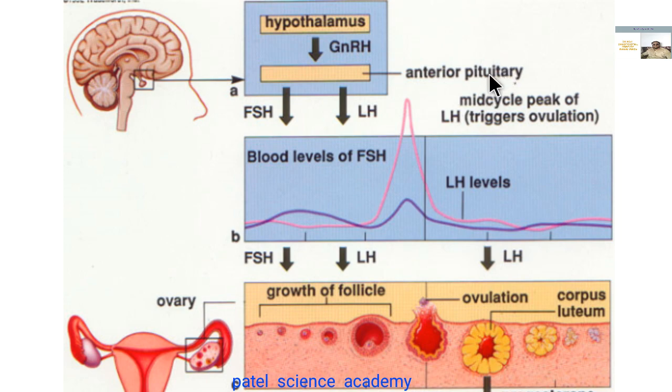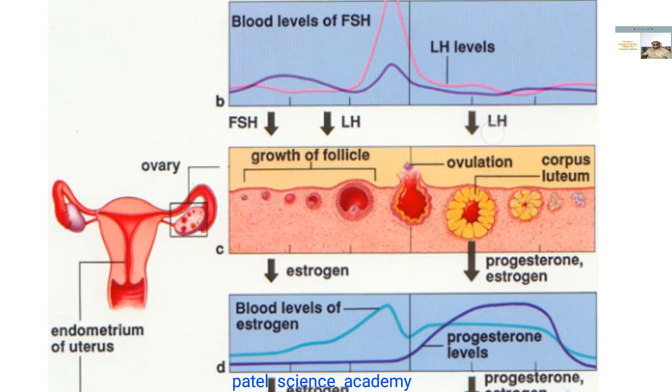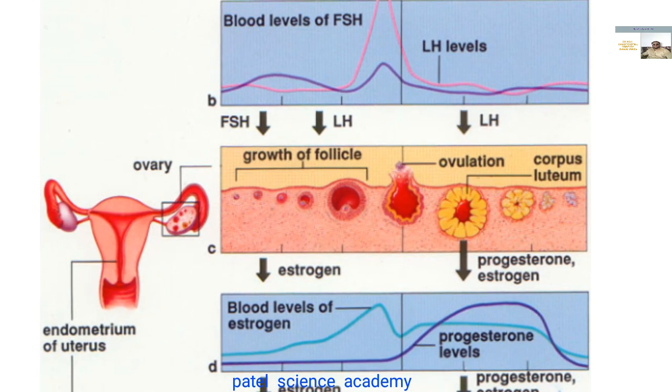Then there are changes in the level of these hormones. You can see the blood level of the follicle stimulating hormone here by this graph. Thereafter, some changes you will see here in this diagram. The growth of the follicle takes place.